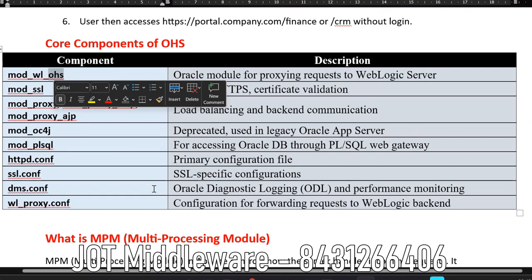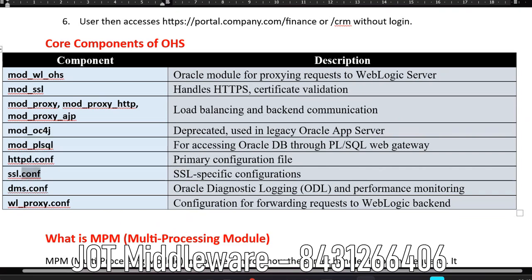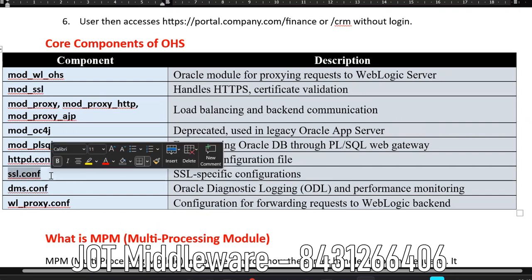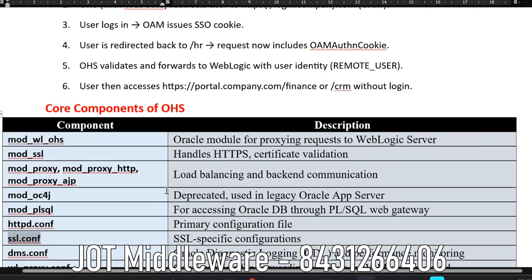Whenever your request needs to access the other resources, it will get the reference from HTTPD. For example, if it wants to communicate with the encrypted communication, then it will connect with ssl.conf and fetch for the certificate and also the protocols defined in ssl.conf, right? So all these are managed with the help of modular architecture.